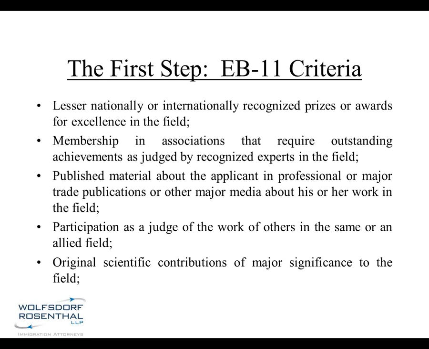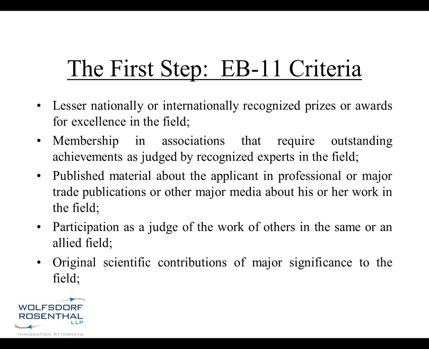I mentioned that if you don't have that Pulitzer or Nobel, you're going to have to go for a 3 out of 10 formula. And these 10 criteria are on your screen, the first 5, and in the regulations. This is essentially a checklist that you need to review in advance of even deciding whether you're going to pursue this particular immigration benefit.